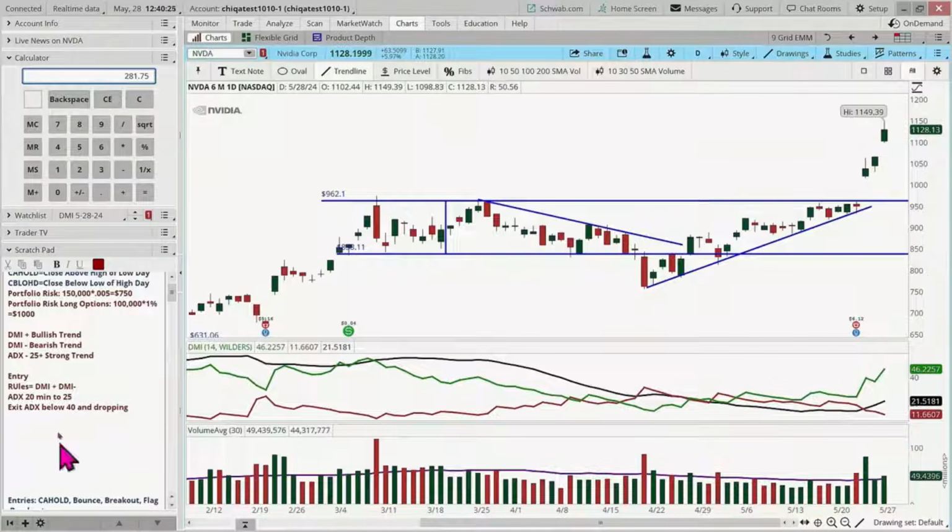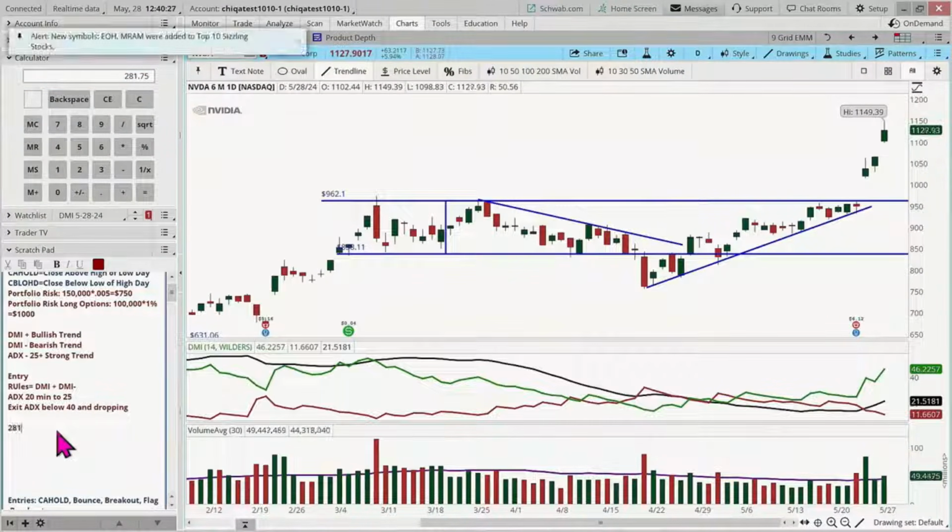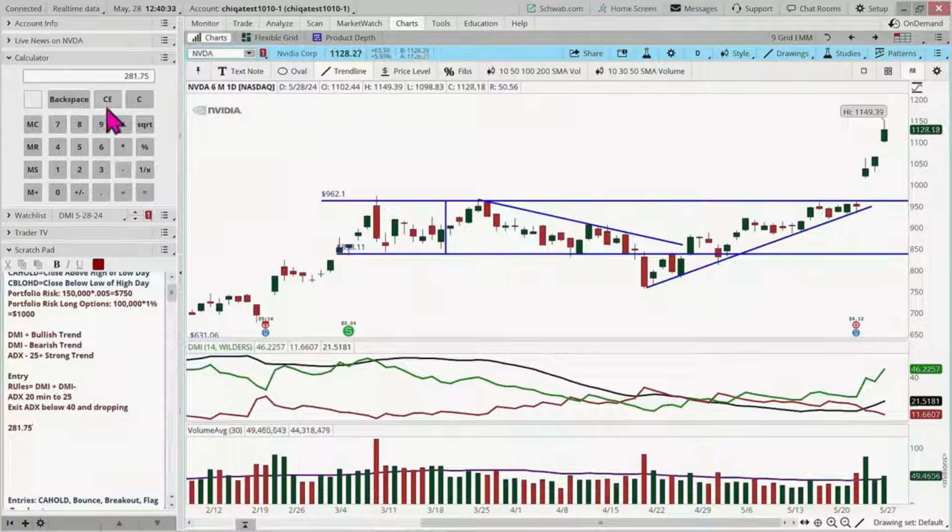This may be a tricky calculation here. Let's go 281.75. If we have 750 divided by 281, I think we're going to be able to buy 3 shares here. Only 2 shares. We'll still do it, okay? We'll still go ahead with it.